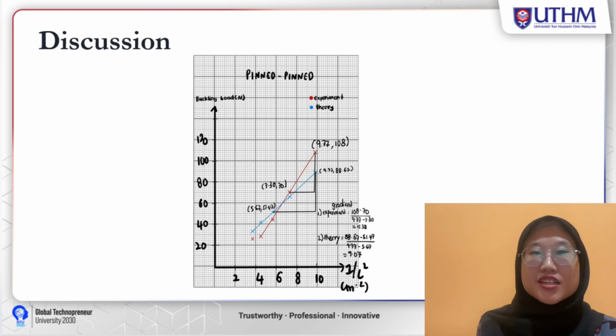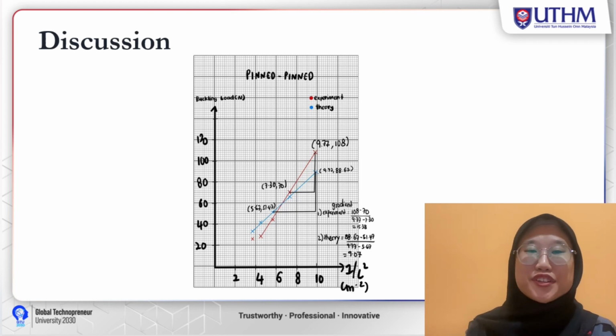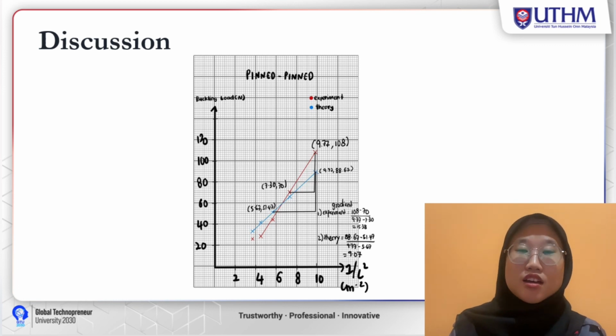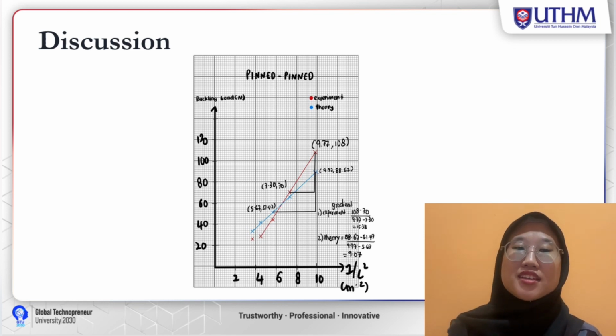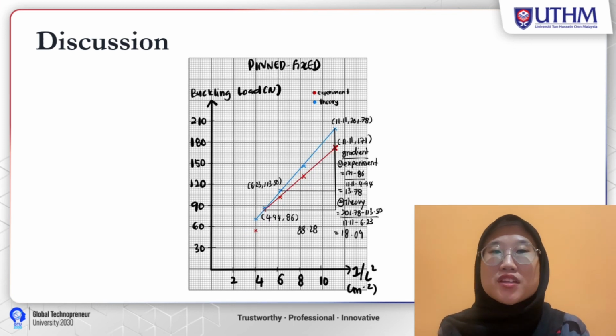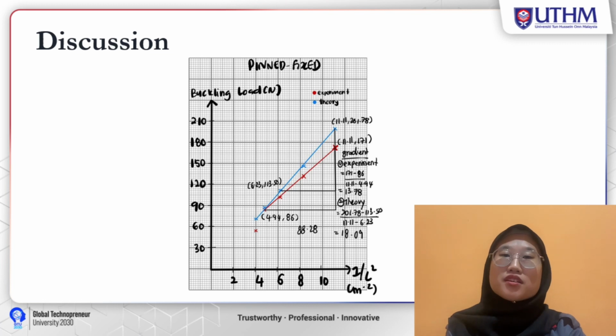Shown here is a graph for pin, which is I over L squared versus buckling load. So we plot for both experimental and theoretical, and we also calculate the gradient for both experimental and theoretical. Here is the graph for pin fixed experiment.